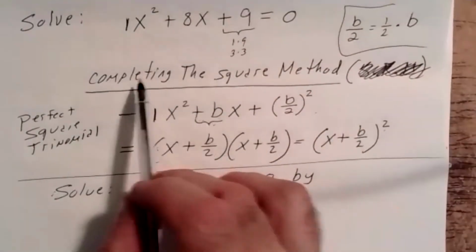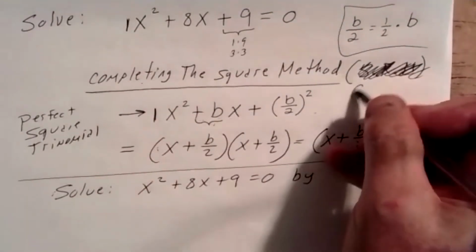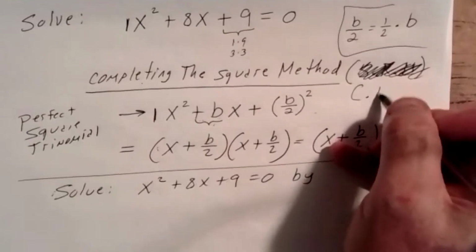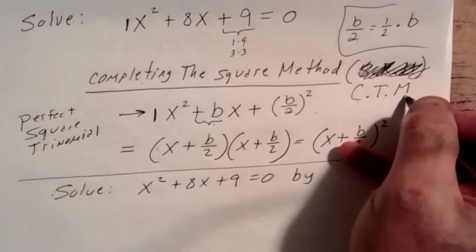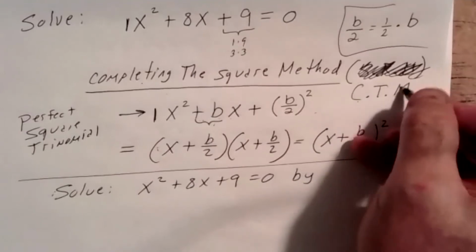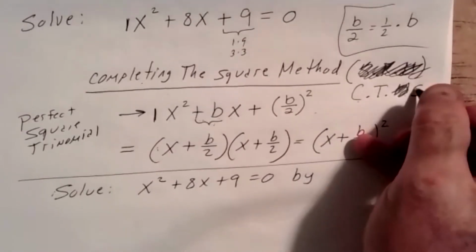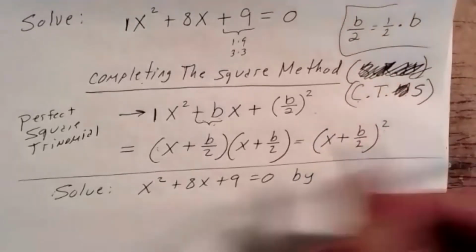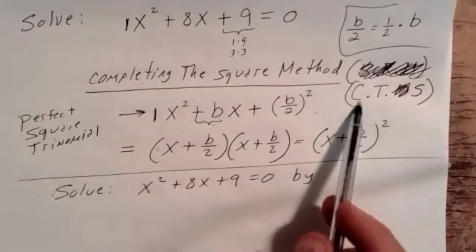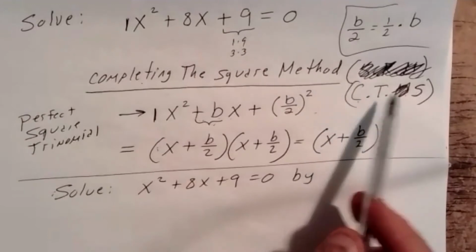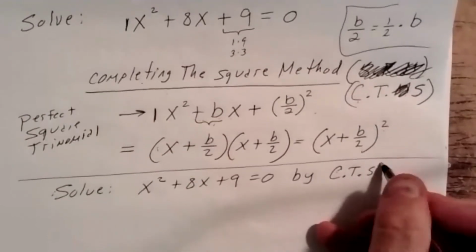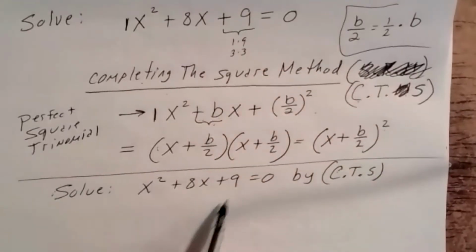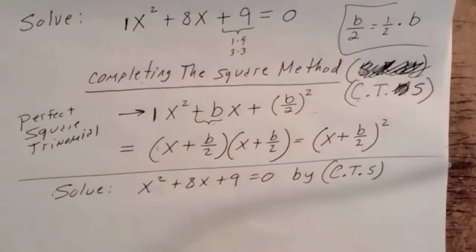We're going to abbreviate completing the square method as CTS, completing the square, okay? So we're going to try to solve this quadratic equation by completing the square on it.